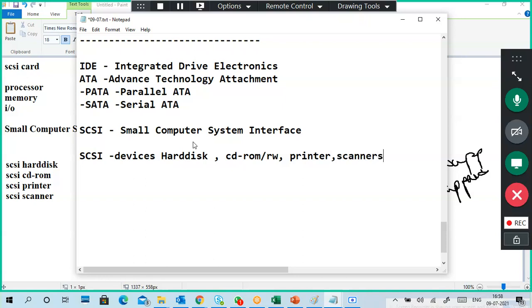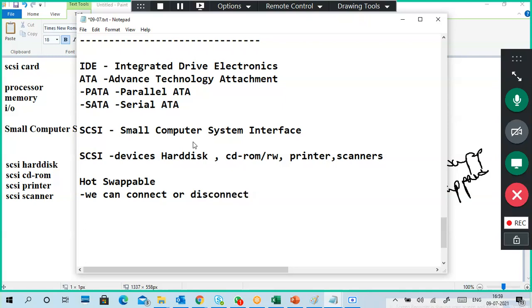SCSI type should be there, and it is hot swappable, so we can connect or disconnect.